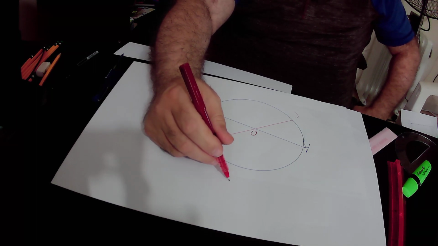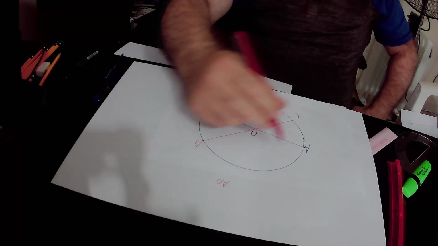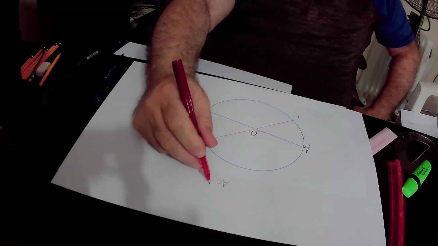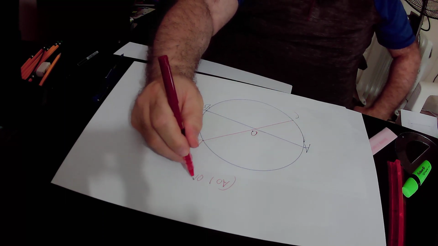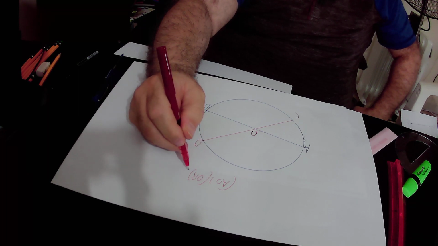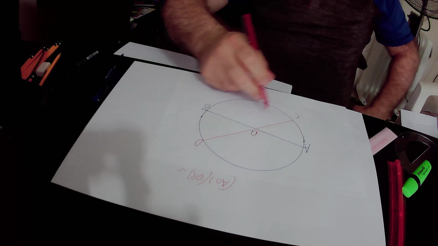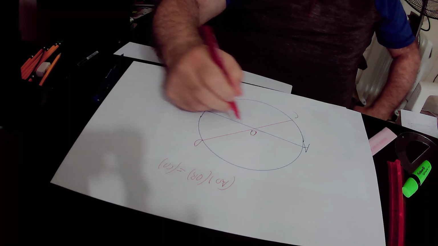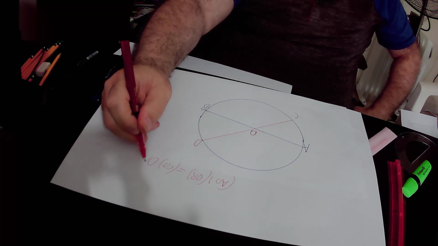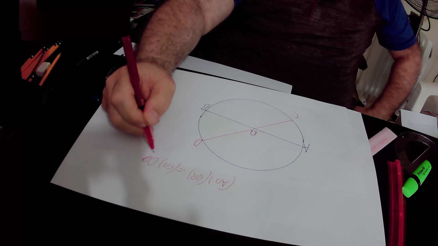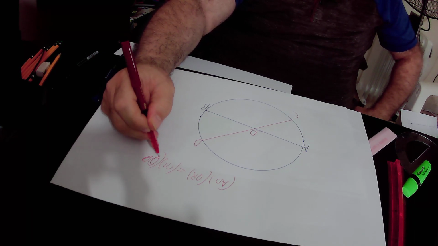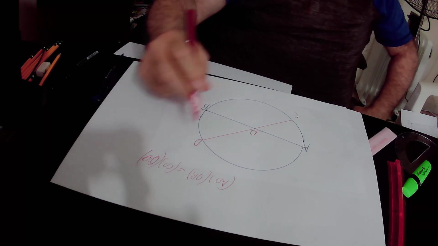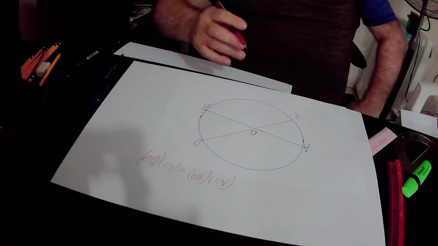AO times OB is equal to CO times OD. And it is true in any two chords that intersect with each other in any circle.